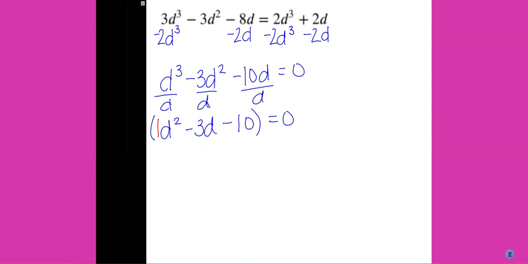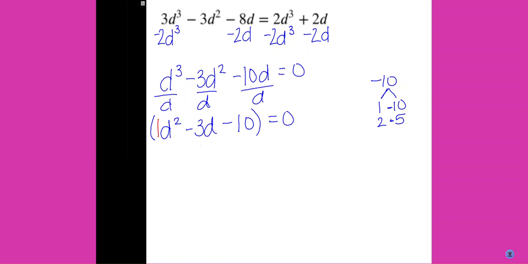Remember, there's a 1 here, so 1 times negative 10 is negative 10. My factors are 1 and 10, 2 and 5. Since they're multiplying to a negative and add to a negative, I know they're opposite signs, and the bigger one is going to be negative.